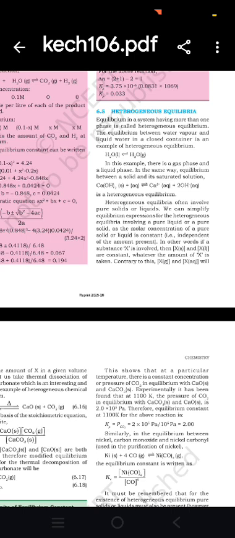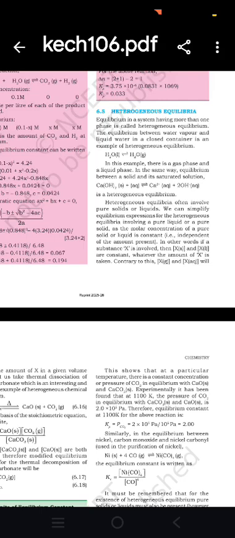In the same way, there is equilibrium between a solid and its saturated solution, Ca(OH)2(s) plus water gives Ca2+ plus 2OH- ions.